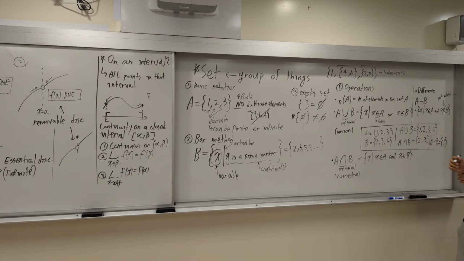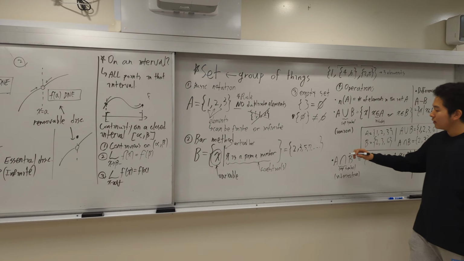The final operator is what's called the complementary set. So we denote this by putting a little c in the exponent position. And this is the set.